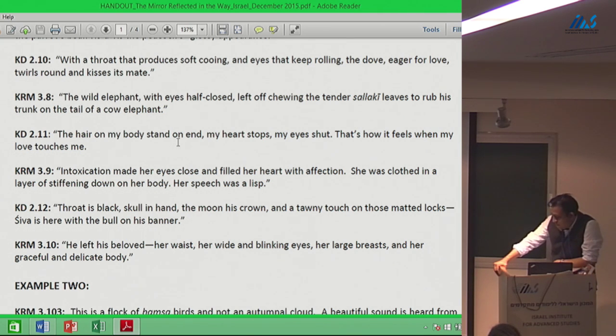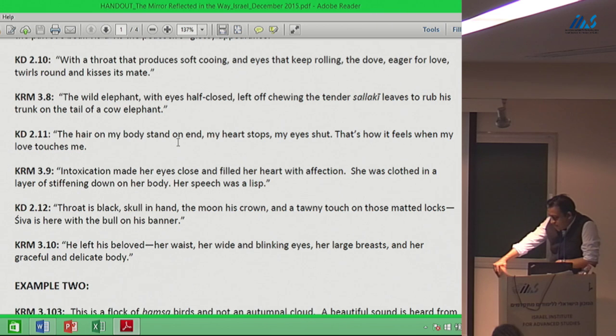The dove's rolling eyes are replaced with the elephant's half-closed eyes, and the dove's twirling is replaced by the elephant's ceasing of chewing the leaves, and the kiss of the dove becomes a gentle trunk rub of the elephant. This is an elephant kiss.